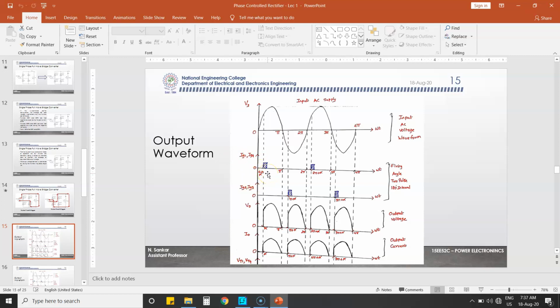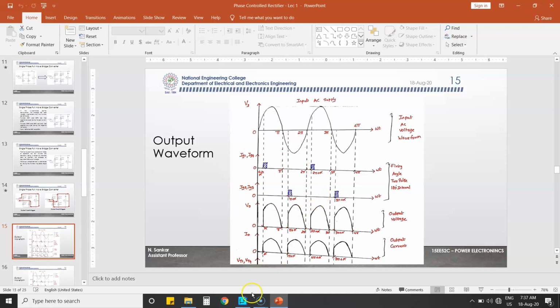For example, if you take alpha equal to 30, at 30 degree we will trigger IG1 and IG4, that is SCR1 and SCR4 for the positive half cycle, and for the negative half cycle, that is from 180 to 360, we will trigger SCR2 and SCR3 at pi plus alpha, that is alpha plus 180 degree. So we will fire the gate every 180 degree. That is the main thing we have to take from the waveform.